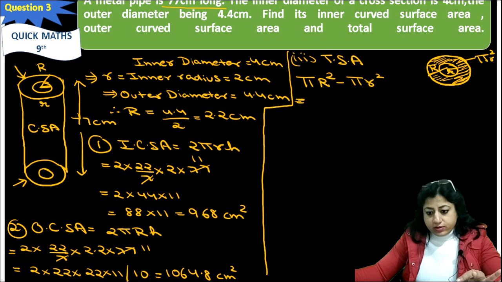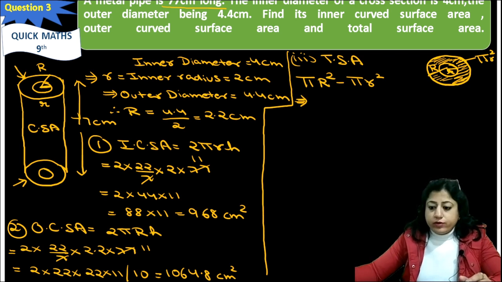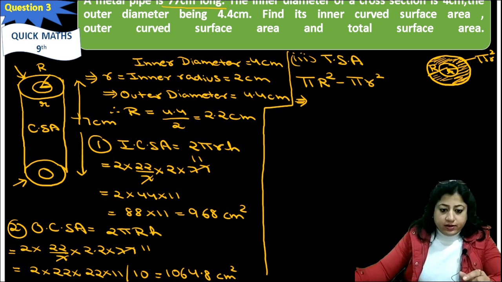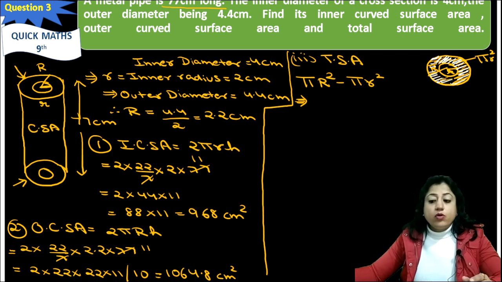This is a difference from the thickness point of view because it is a metal pipe. The space between the outer radius and the inner radius is called thickness, and we have to cover it in the total surface area.